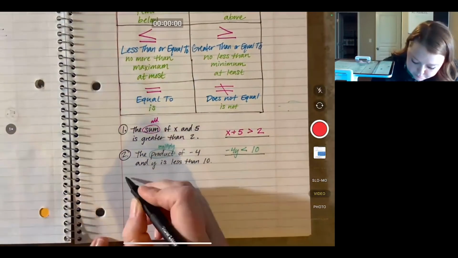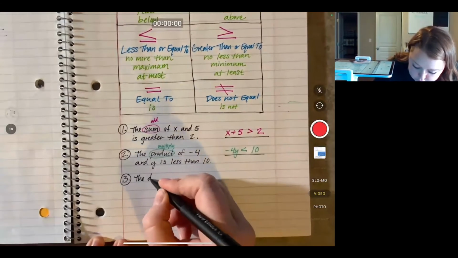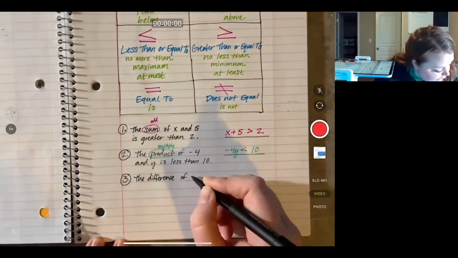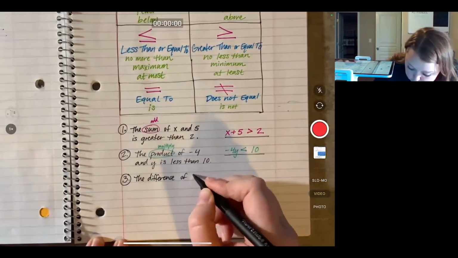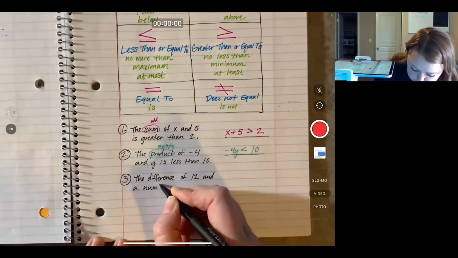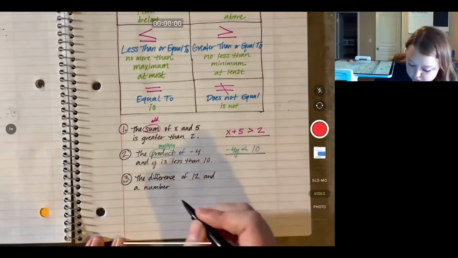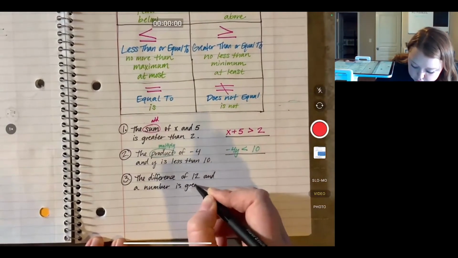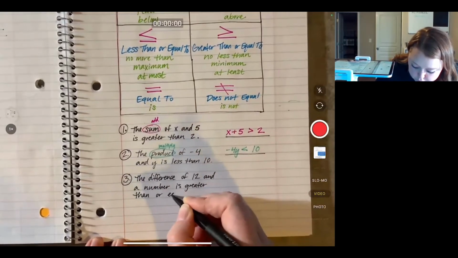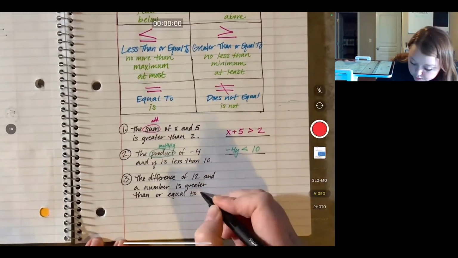Here's number 3. The difference of 12 and a number is greater than or equal to 20.